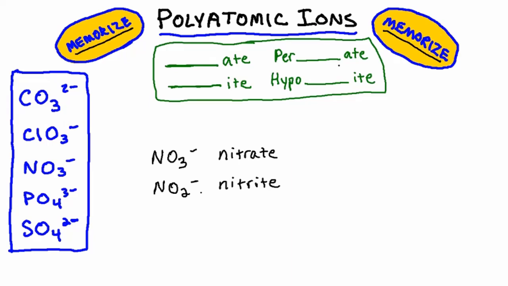So it doesn't have NO3 anymore, it has NO4, and the charge stays the same. Then we would get pernitrate. And what if we take an oxygen away from the nitrite? Nitrite is NO2 with a negative charge. So what if we just have NO with a negative charge? That would be hyponitrite.